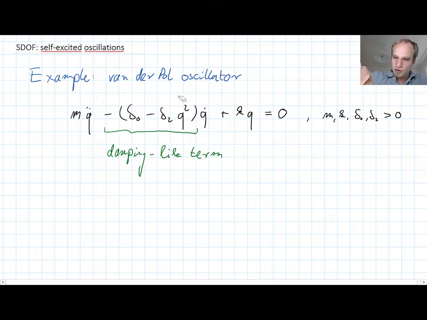So at some point, at very large oscillations, we would expect that most of the time in a vibration period, this term here dominates. So if we neglect this, then this leads to an effectively positive damping. And somewhere in between, maybe there's a balance between the two. So we have effectively damping 0.